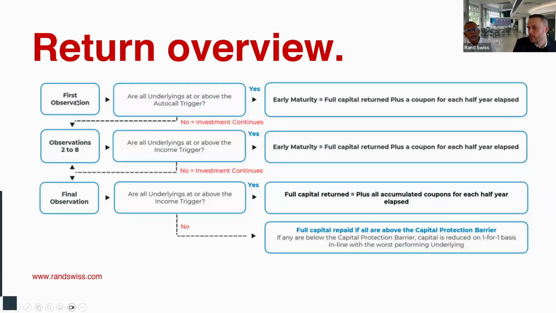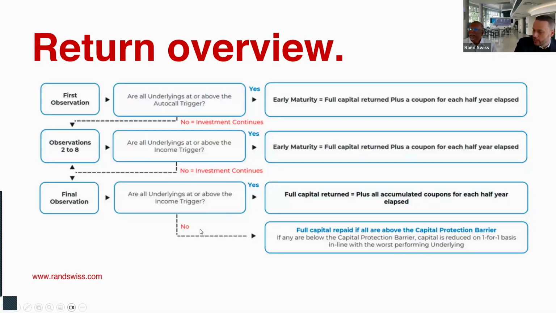At the first observation, are all the underlying indices, those 3 indices, positive? Yes, you get your full capital return plus the coupon for the year. If not, you go to the next observation, and you keep running and it keeps doing that. If any of those observations trigger, you'll get your full capital and your return. And at the final observation, if something goes wrong with one of these 3 indices over 5 years, you've got the capital protection.